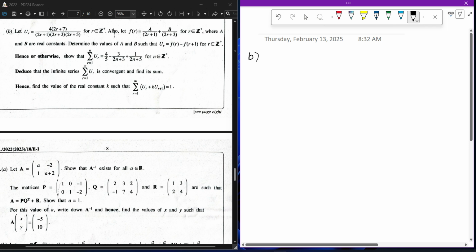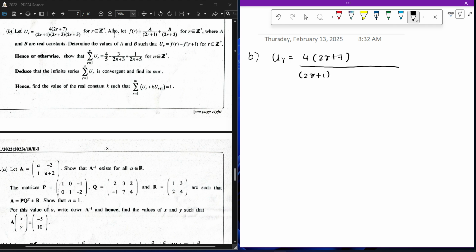We've been given a u_r expression: u_r equals 4(2r plus 7) divided by (2r plus 1)(2r plus 3)(2r plus 5).